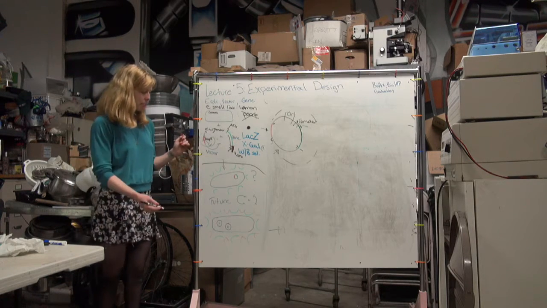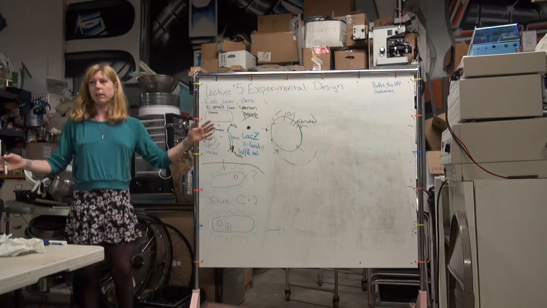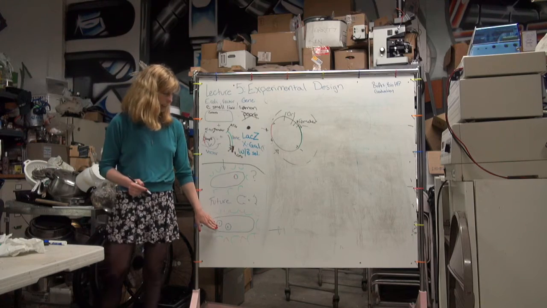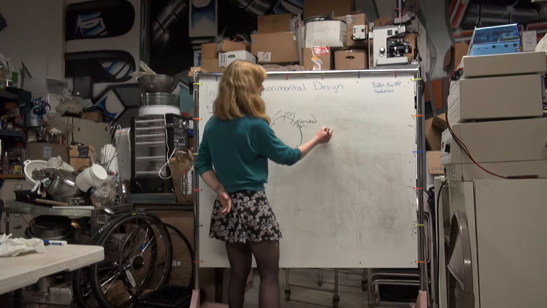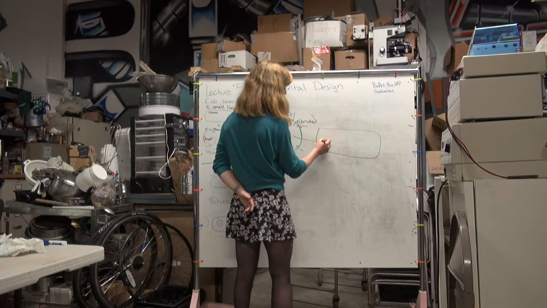So we could use kanamycin instead. We can still use blue-white selection, with all the steps the same, until we did our next step. We would be doing a transformation, and then this E. coli would already be in there.